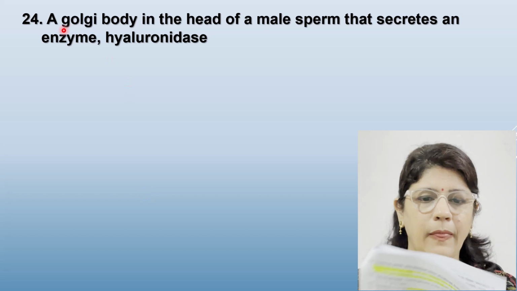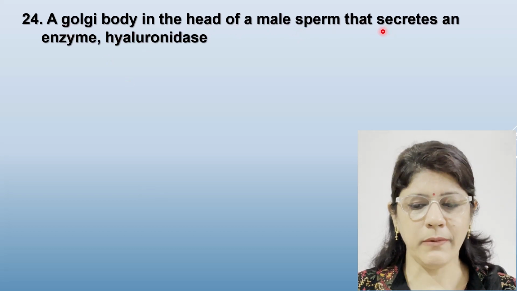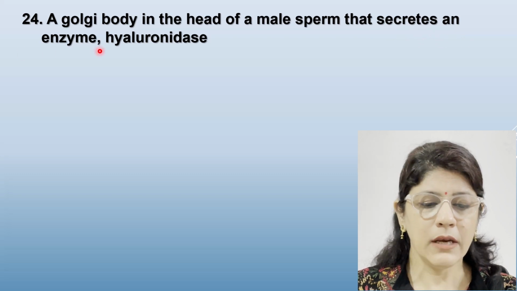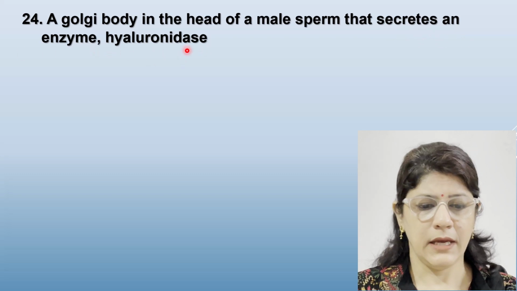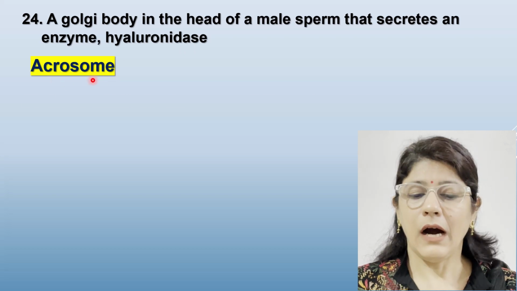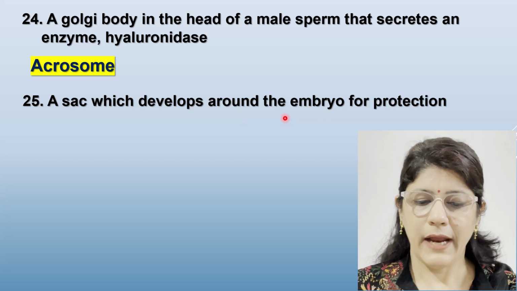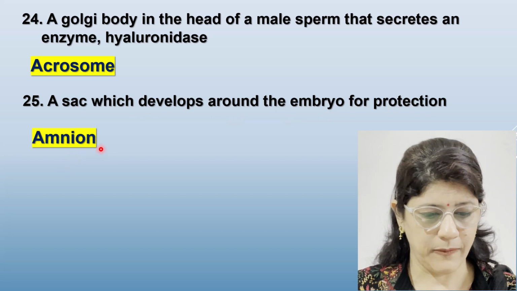Next is a Golgi body in the head of a male sperm that secretes an enzyme named hyaluronidase, and this body is acrosome. A sac which develops around the embryo for protection, and this sac is amnion.